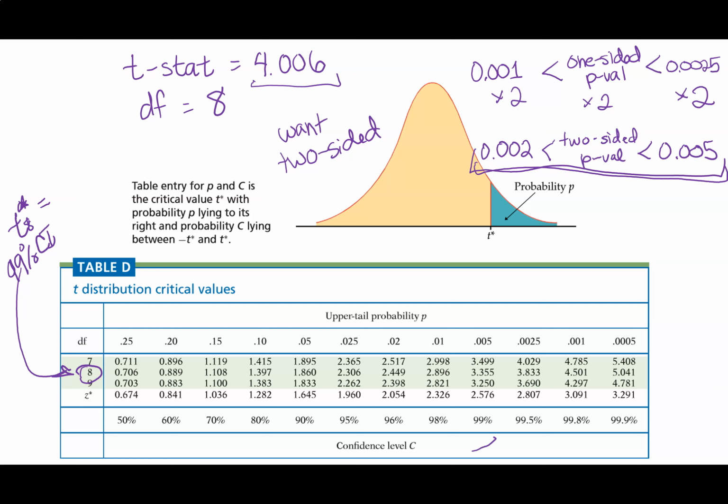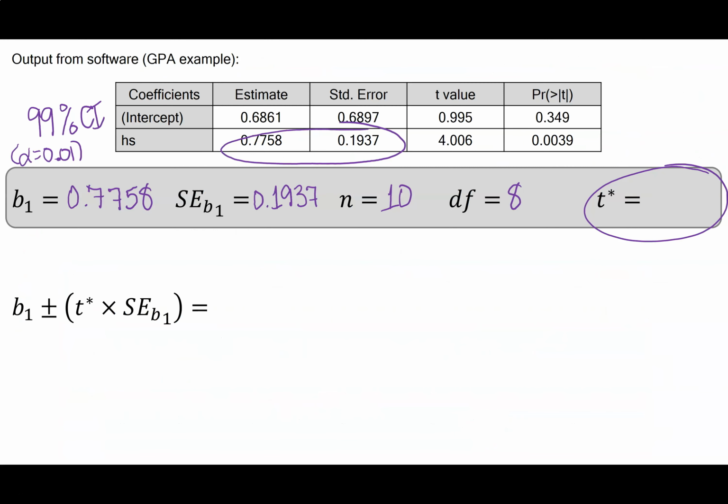And then if I look at the bottom, I'm going to line it up with 99% confidence. So 3.355. That'll be my T star. 3.355.